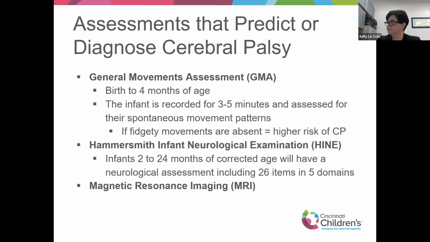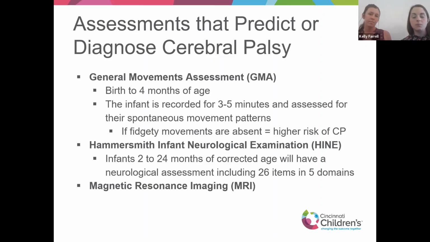So there are some different assessments that can help predict and diagnose cerebral palsy. The first one is the General Movement Assessment, which we can do from birth to 4 months of age. The infant is actually recorded for 3 to 5 minutes and then assessed by a physical therapist to see if they have any absent fidgety movements, which can show a higher risk for cerebral palsy.